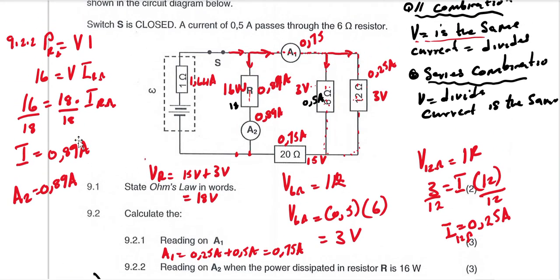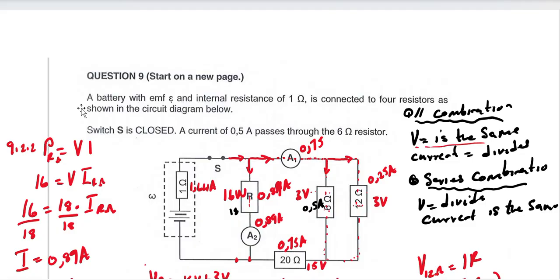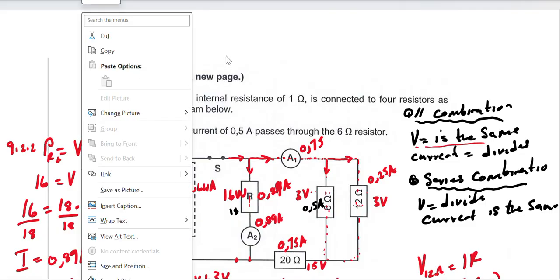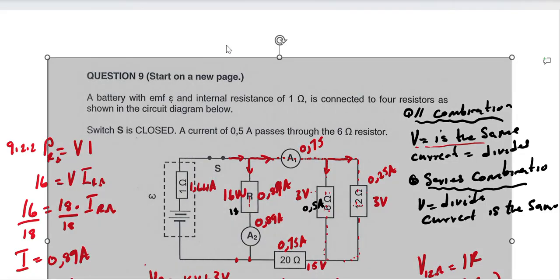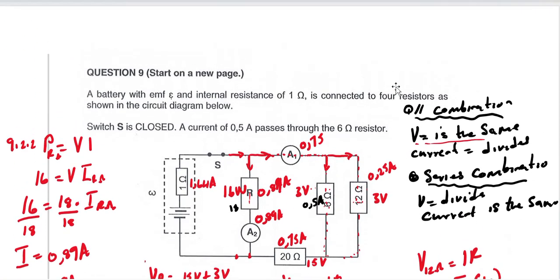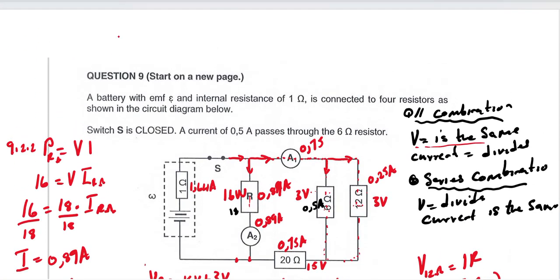So and then another way, we have the way to calculate the voltage. With the way of calculating a voltage, we say E is equal to V internal plus V external. Do you get me? And then what's our V internal? They want the voltage at this point.